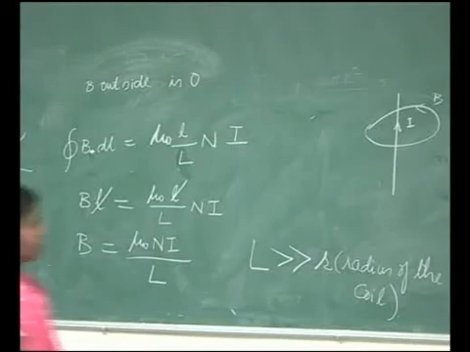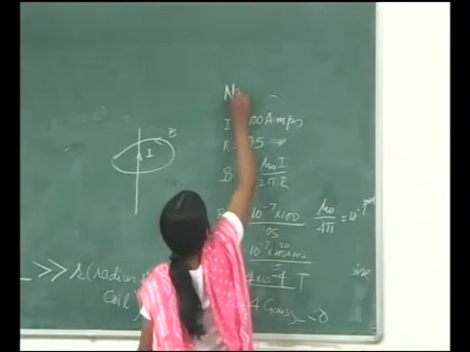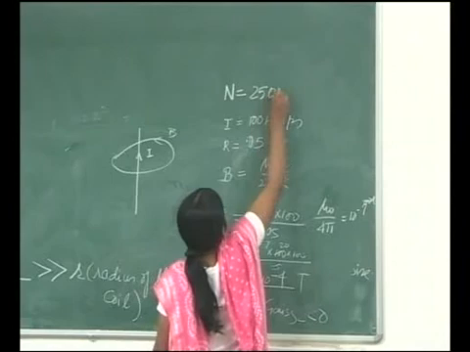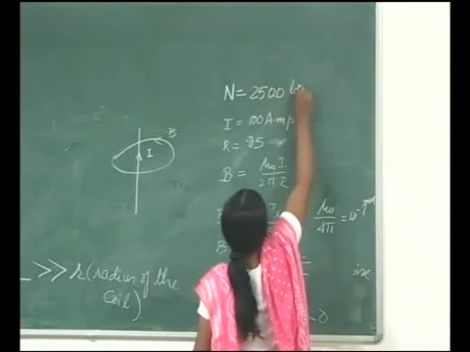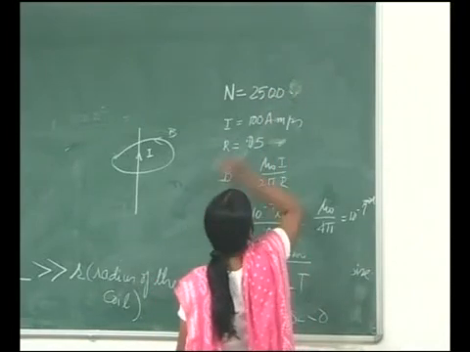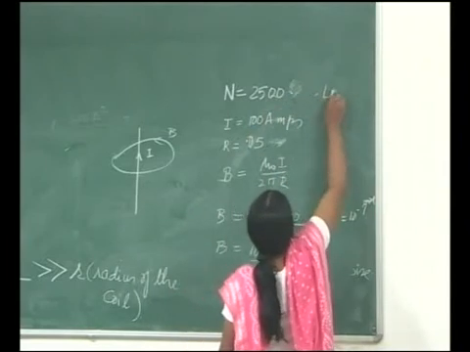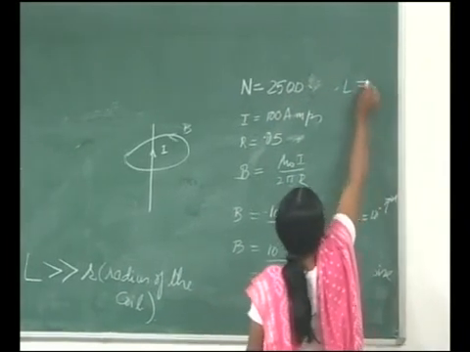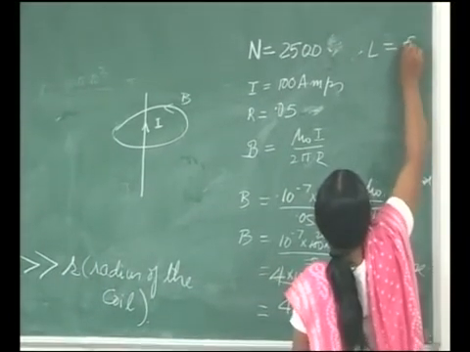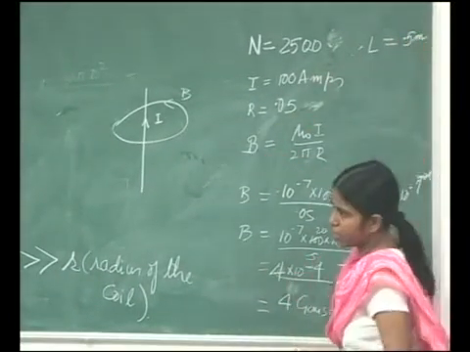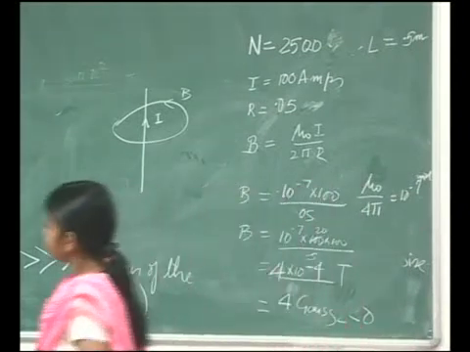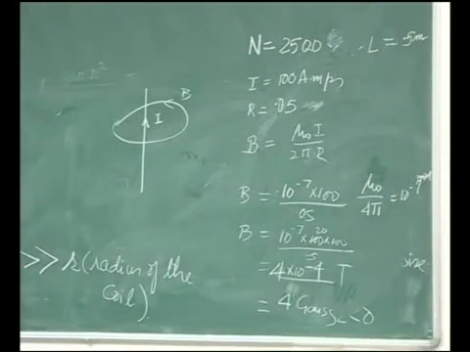So, N is equal to 2500 and say length is 0.5 meters, just to make length bigger than R. अब calculate करके बताइए what would be the B through this solenoid, बताइए. Same current. Oh, current is same. Okay. Yes.